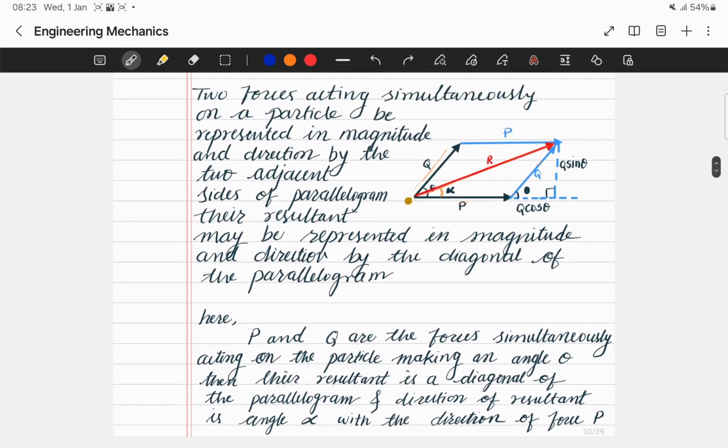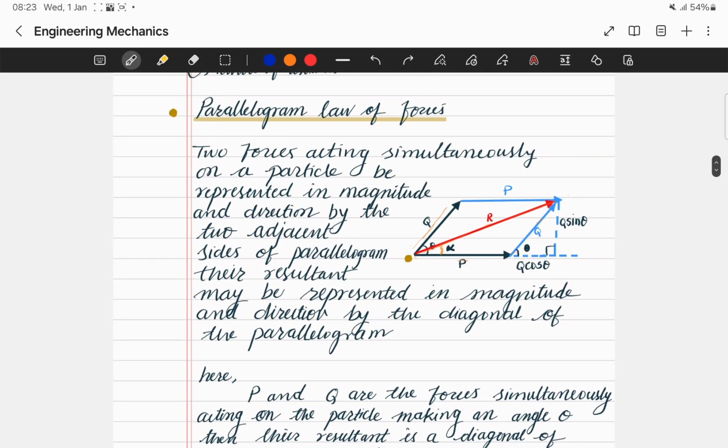It is nothing but the parallelogram law of forces, and it is valid when only two forces are acting. This is actually a graphical method. If you are given the two forces graphically, you can draw a parallelogram and find the resultant and alpha, the angle of inclination, to the scale.